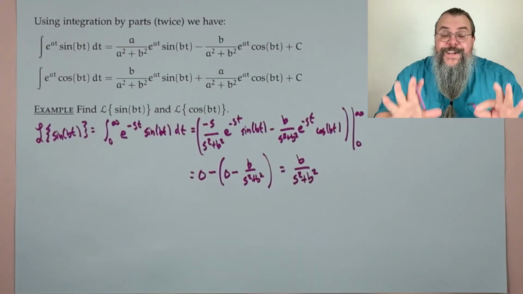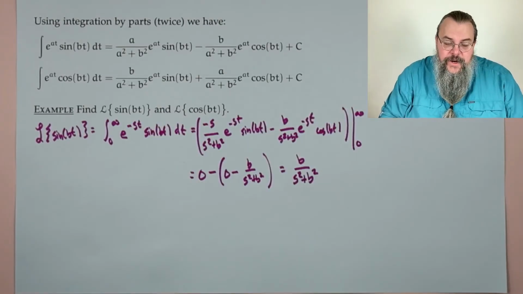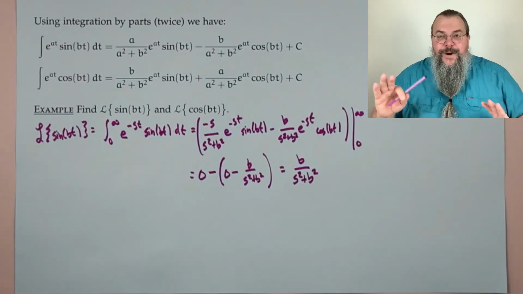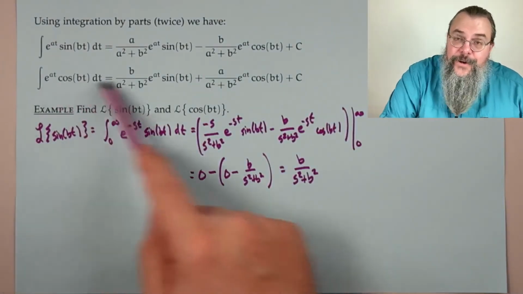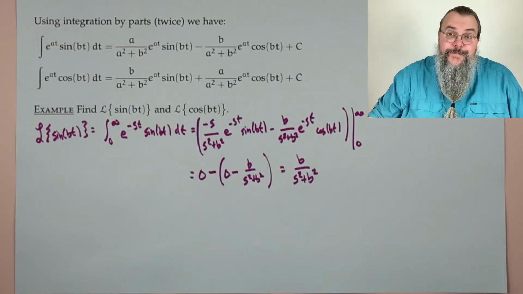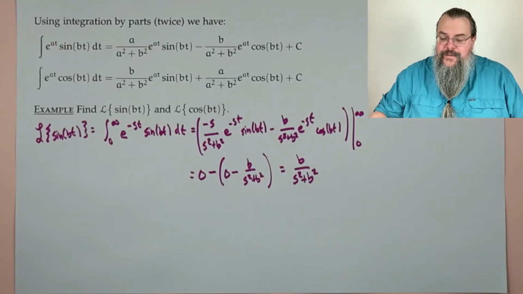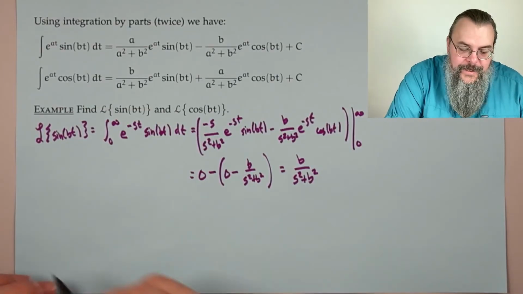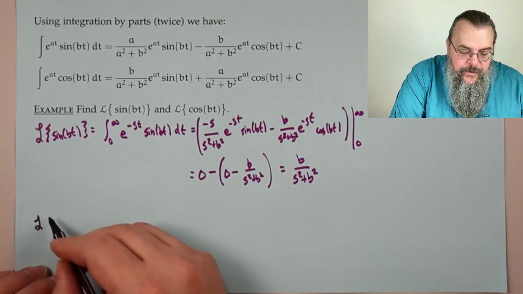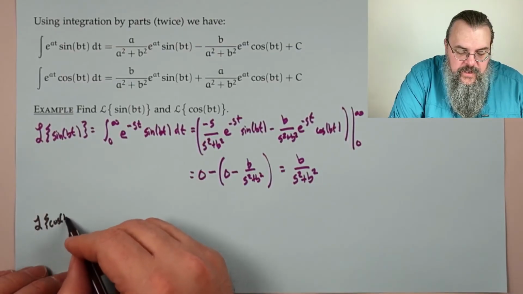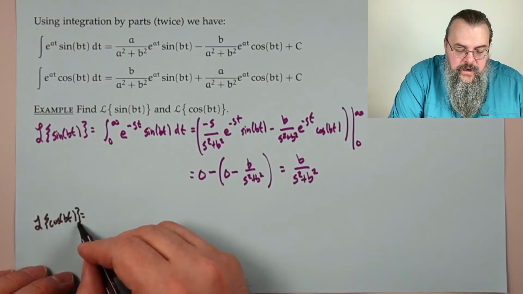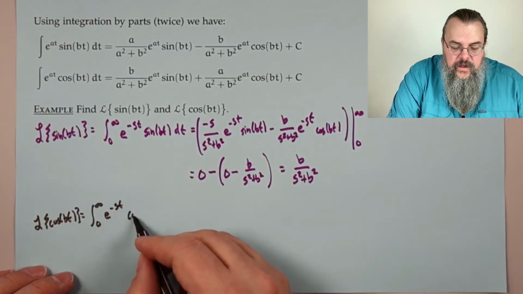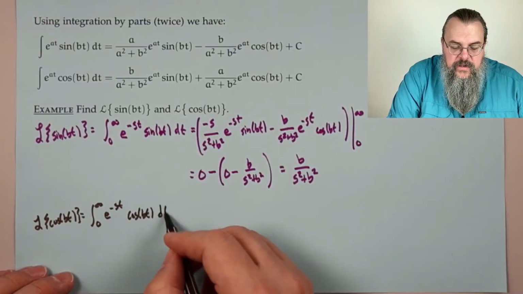Same as before. But now you're like, okay, great, no complex stuff involved, given that we had to derive the formula, which, granted, can feel complex. For completeness, let's go ahead and do the other one. Okay, so the Laplace transform of cosine bt, in a similar way, is the integral from 0 to infinity of e to the minus st cosine bt dt.